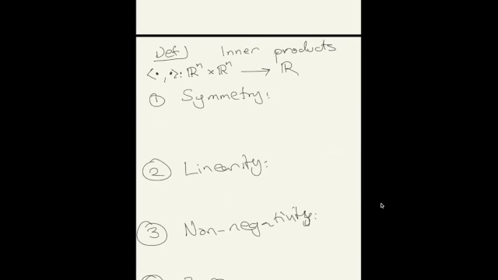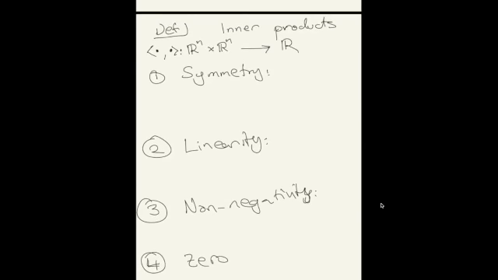Now, in general, where do you get norms? Well, a good source of norms is another concept called an inner product. An inner product has four properties: symmetry, meaning that inner product of v with w is the same thing as inner product of w with v.